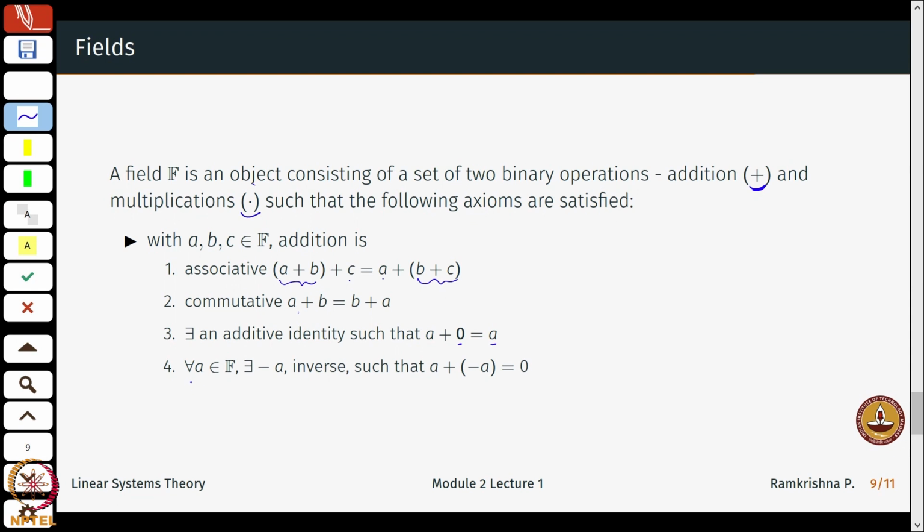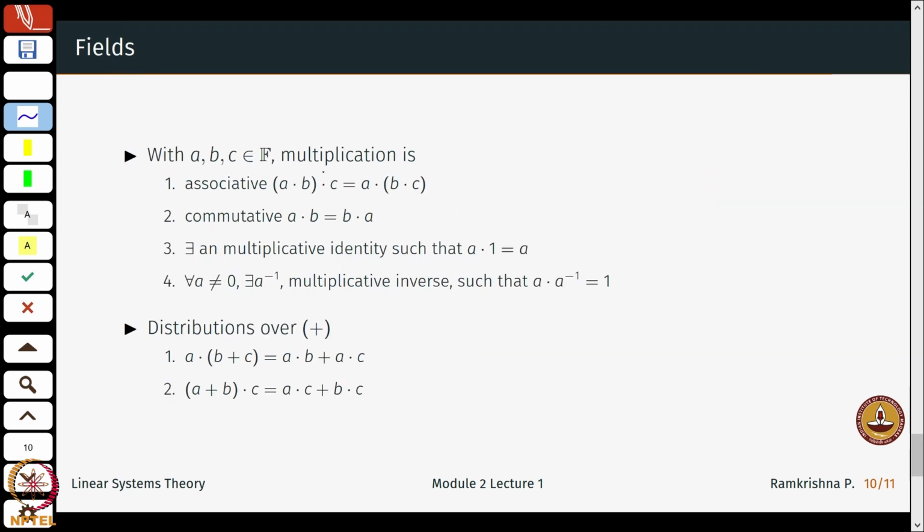For all elements in this field F, there will exist an inverse minus a such that a plus minus a gives me 0, and this 0 is the additive identity here.